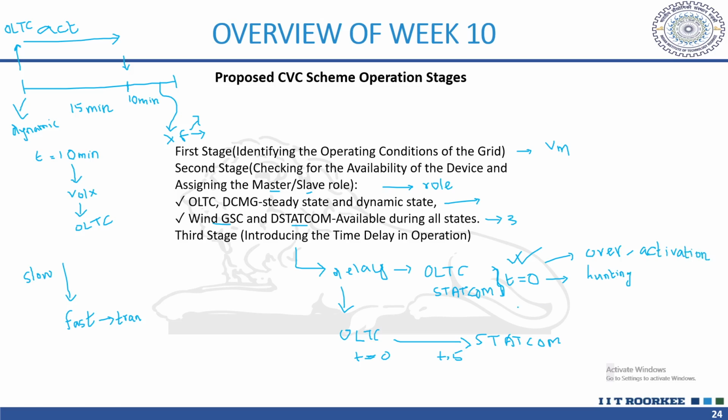Maybe it can happen that only with the OLTC the voltage has been improved. But since you had also activated the STATCOM, it will lead to misuse of those devices. Or it may sometimes happen that the voltage will improve, but it will improve beyond the threshold. So it will again lead to this contingency.